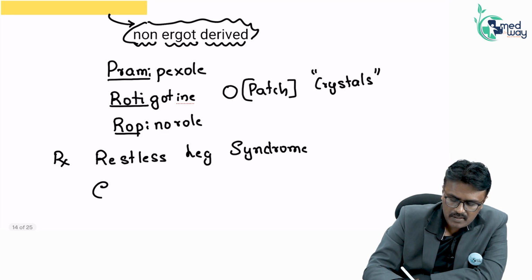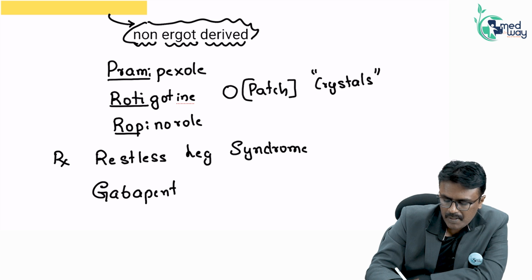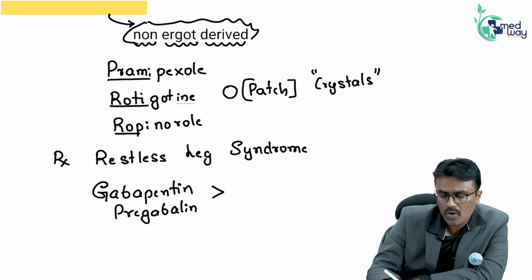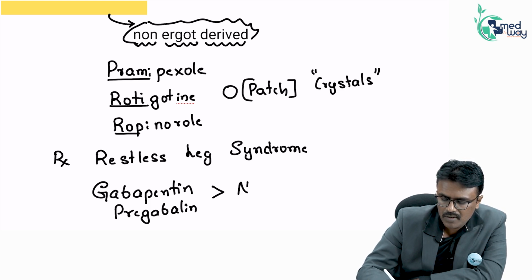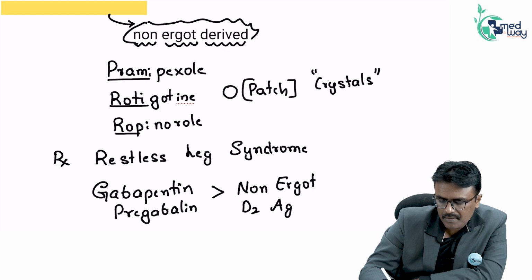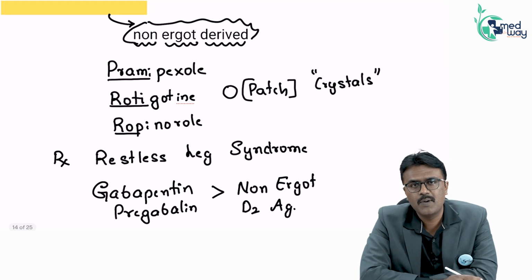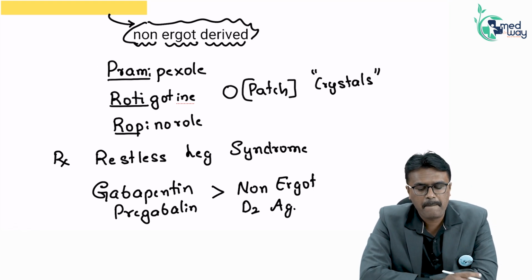So usually nowadays, what is the drug of choice if they ask you? The gabapentinoids like gabapentin, pregabalin. So these are the first choice for chronic restless leg syndrome. If that is not there, then you can use non-ergot D2 agonists. And what are they, sir? They are nothing but Prami, Ropi, Roti drugs.